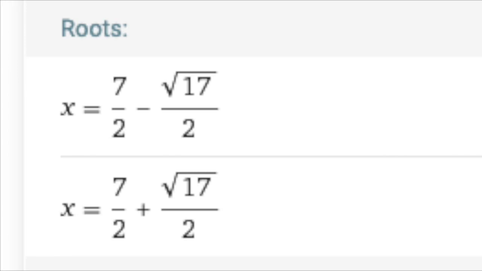to this equation. So it gives us 7 halves plus root 17 over 2 and 7 halves minus root 17 over 2. We have something called the quadratic equation that can solve any quadratic, like this particular example. So it's not too difficult.